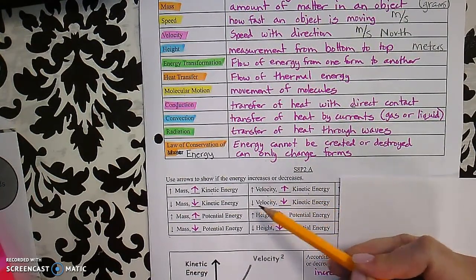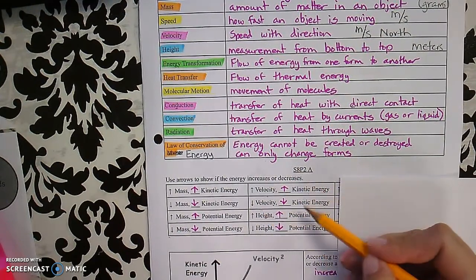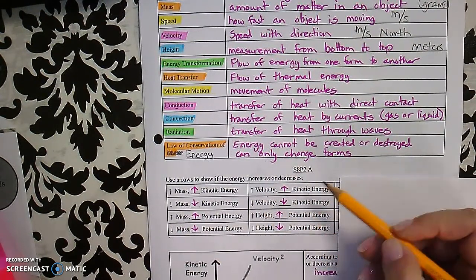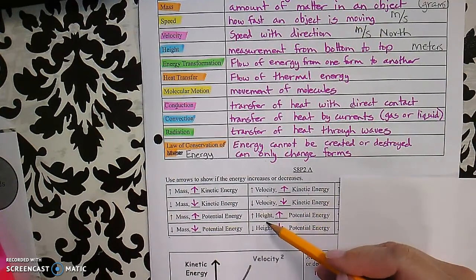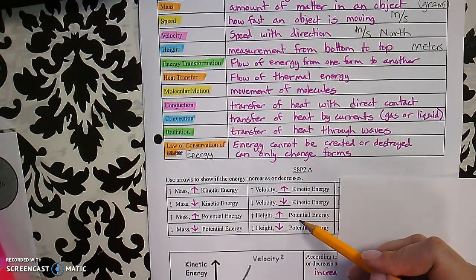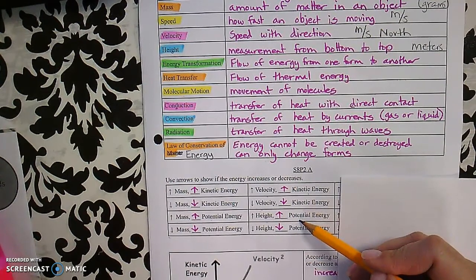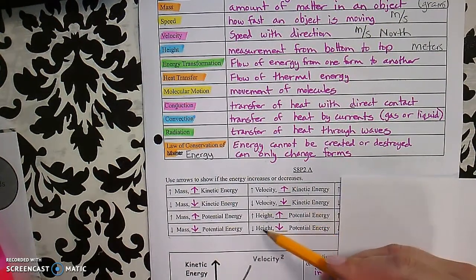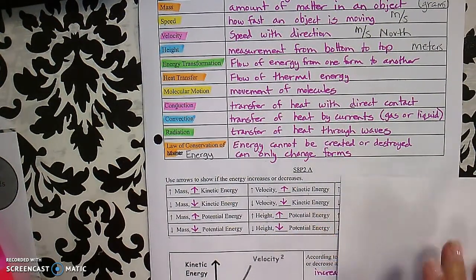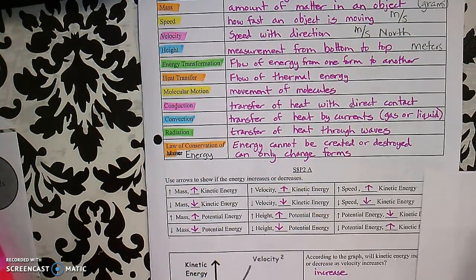If velocity decreases, if you slow down, then kinetic energy is going to decrease. And then for potential energy, if height increases, potential energy is going to increase. The higher you are off the ground, the more potential energy you're going to have. If height decreases, potential energy decreases.